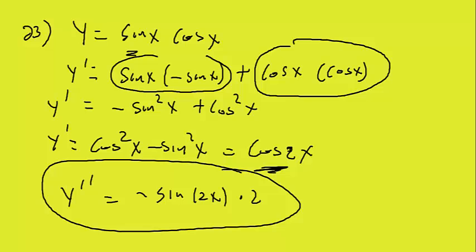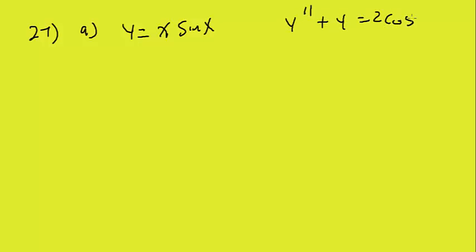Okay, 27. You're given y equals x sine x, and they want you to show y double prime plus y equals 2 cosine x.